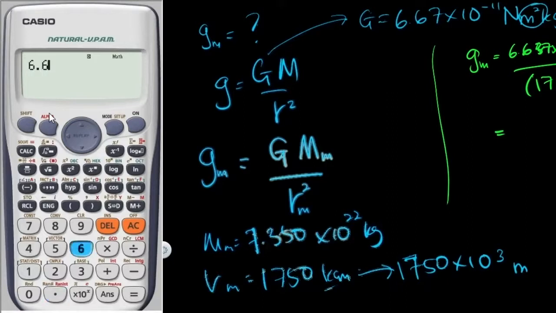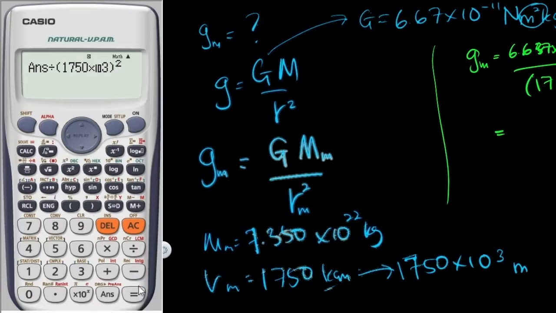So 6.67 times 10 to power of minus 11, times 7.35 times 10 to power of 22. We get the upper part, divide by square, we put a bracket there, 1750 times 10 to power of 3, and then close bracket and square it.